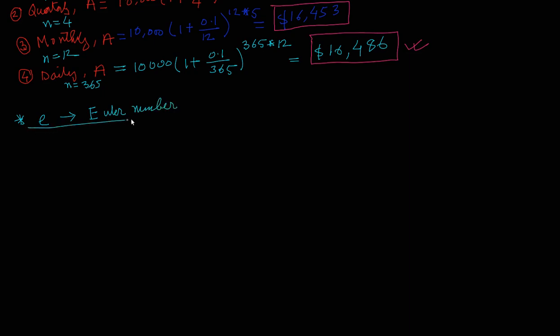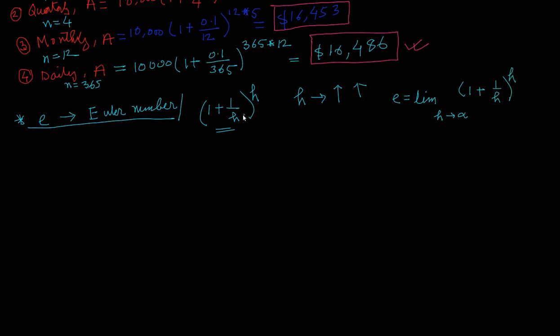The definition says that 1 plus 1 over h, to the power h, if h is getting larger and larger, this term approaches a constant number, and that number is called E. So in the classical mathematical definition, E is the limit as h tends to a larger number of (1 plus 1 over h) to the power h.